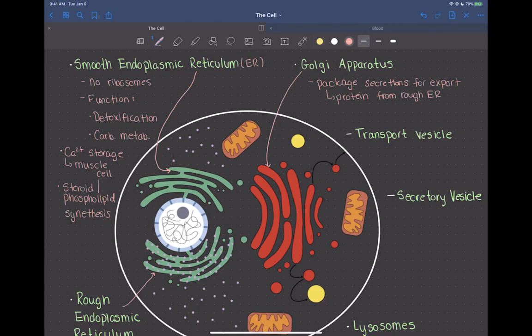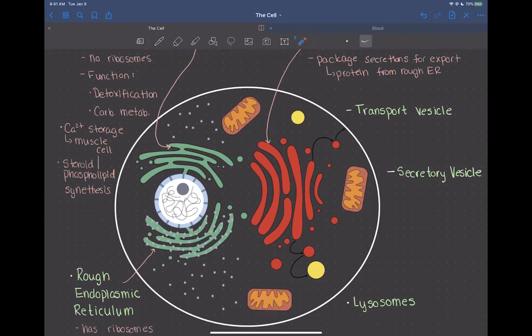Okay, so let's talk for a second about what would happen. Let's follow a protein from where it starts to where it ends. If we have a protein that's going to be made in the rough ER, first we need to make a copy of that DNA. We'd copy the DNA into a little piece of mRNA.